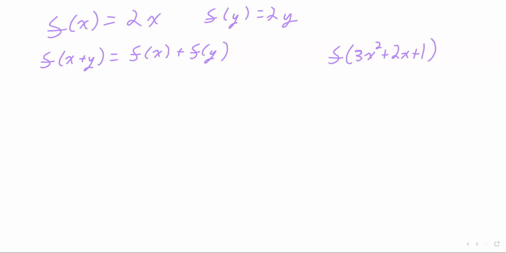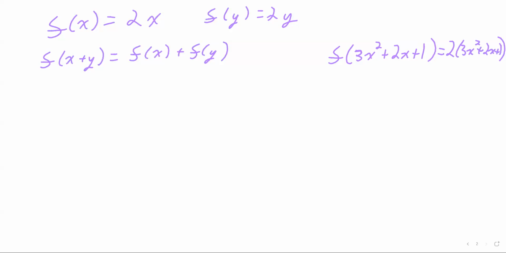If I replace this x with a y, I replace this x with a y. So if I replace this x with 3x squared plus 2x plus 1, I'm going to replace x with the exact same thing. The 2 was already there, so I just write that down, and then I replace x with it. So that becomes 2 times 3x squared plus 2x plus 1.